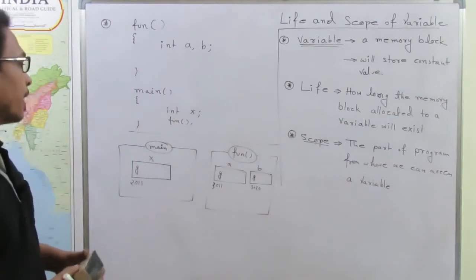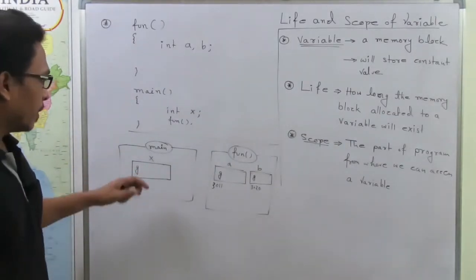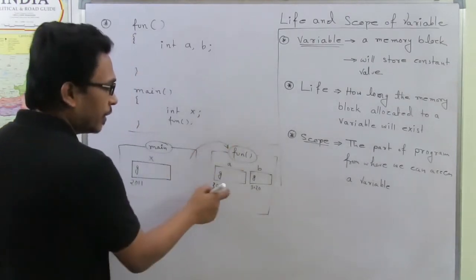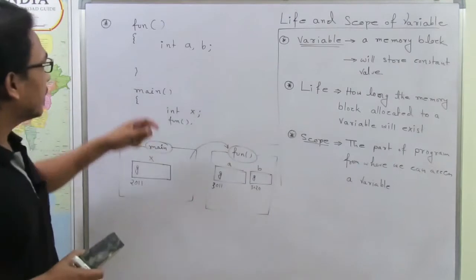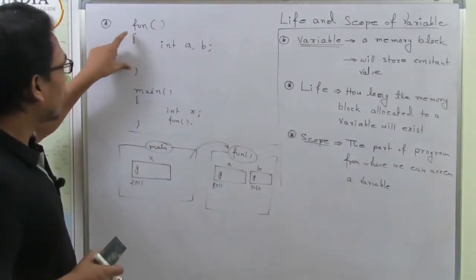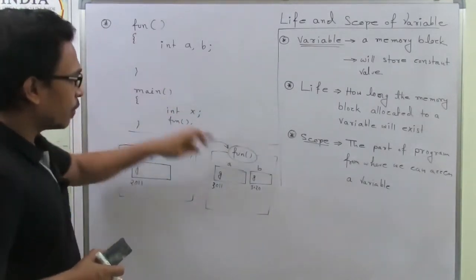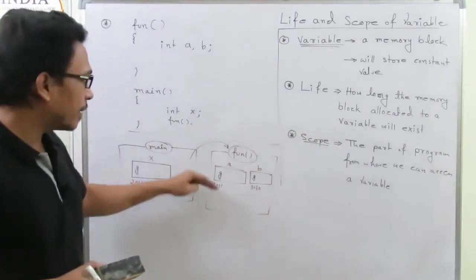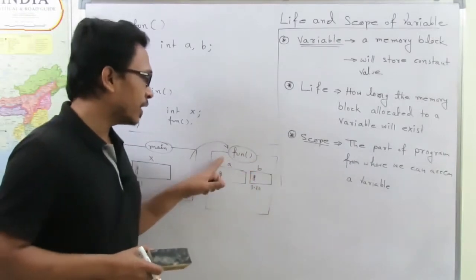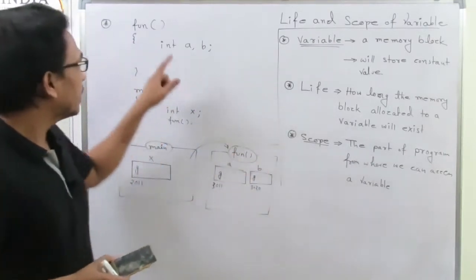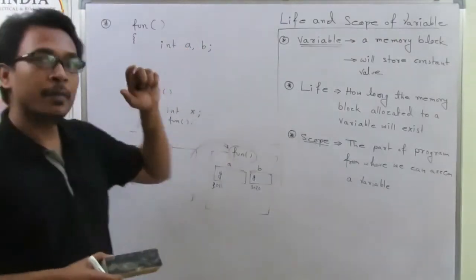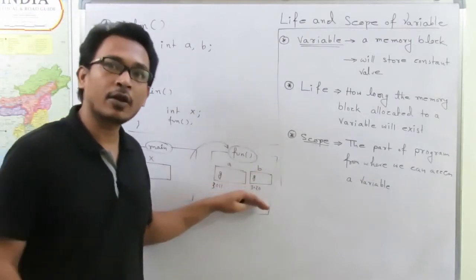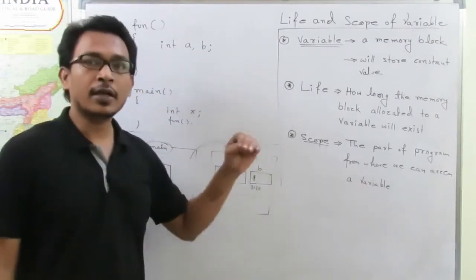Now what happens next? Look at this scenario. Currently we are in the fun function, accessing this particular portion of instructions. That means we are in this particular block, and in this block we have two variables, a and b. These two variables a and b will be accessible only from this particular function. Outside of this function, these two variables are not accessible.